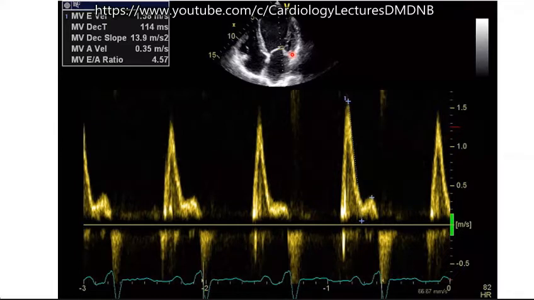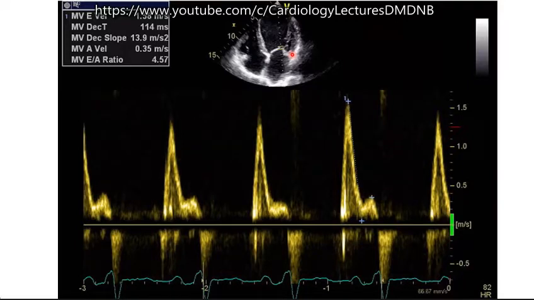Yes. Why is it fast? Because in restrictive patterns, late diastole is... why fast, sir? Why is there a rapid flow? Because you are finding the E wave is very high, very tall. It has more than 1.5.